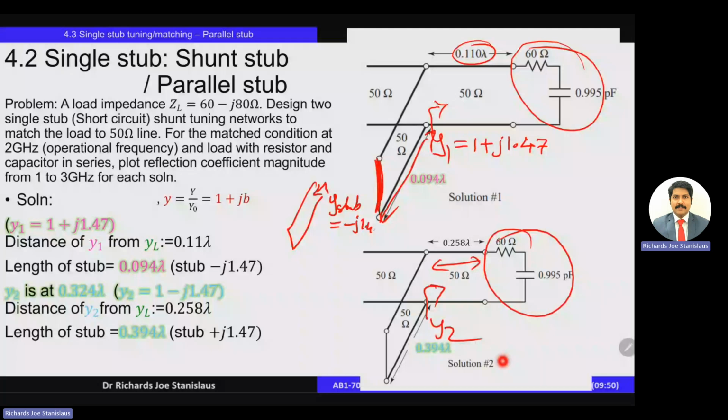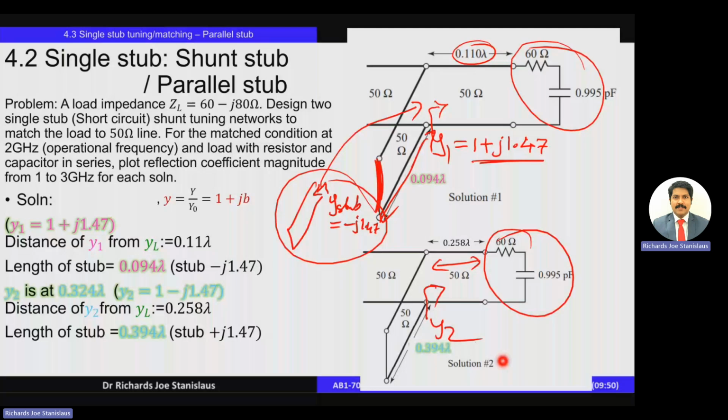We connected it over here to cancel out the admittance at Y1, right? From the short circuit at a distance of 0.094 lambda, we find a stub admittance of minus j1.47, which cancels the susceptance part, so the plus j1.47 of Y1 is cancelled by the minus j1.47 of the stub in the first solution.